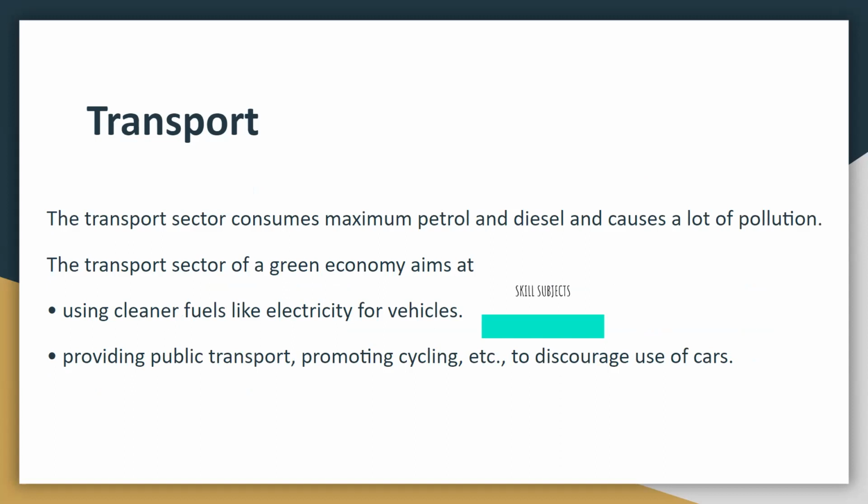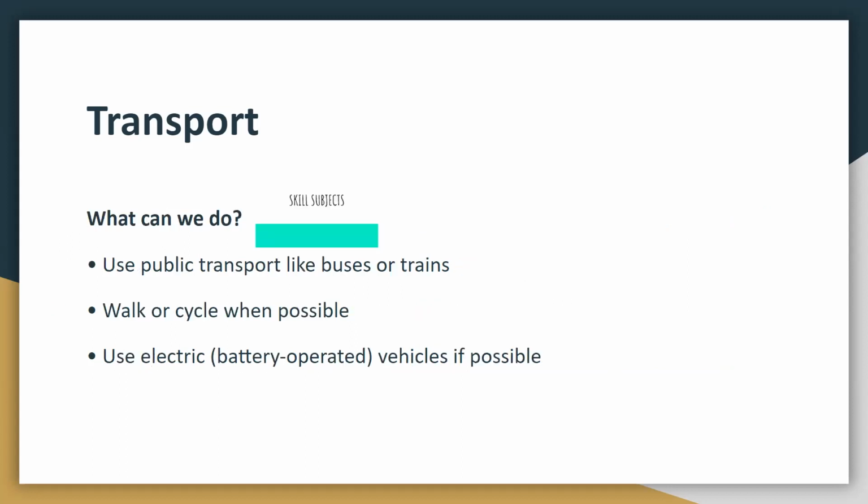So the transport sector of a green economy aims at, one, using cleaner fuels like electricity for vehicles. Two, providing good public transport and promoting cycling, etc., to discourage the use of cars. So there has to be a proper lane for cyclists so that they feel very comfortable pedaling.